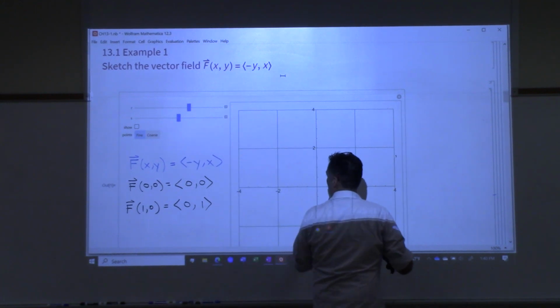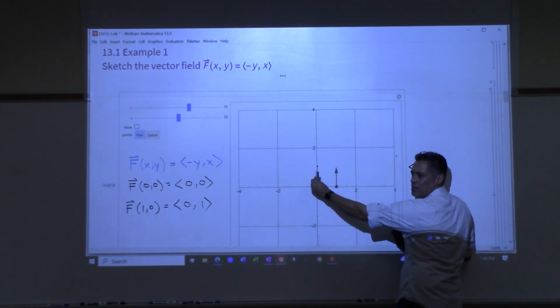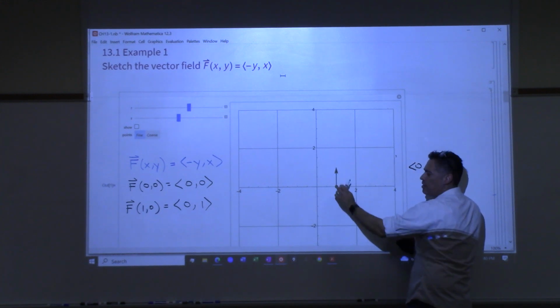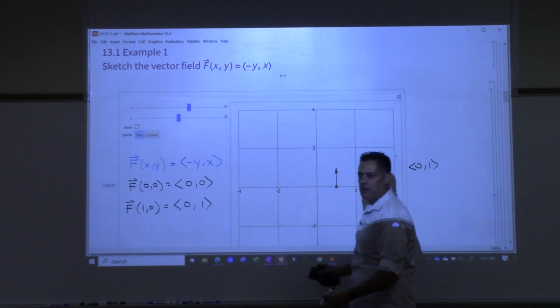I mean, technically the vector 0, 1 should be right here, shouldn't it? But vectors can move around. So just translate it over to where the domain point was, the x, y that got plugged in. There's the vector that comes out.